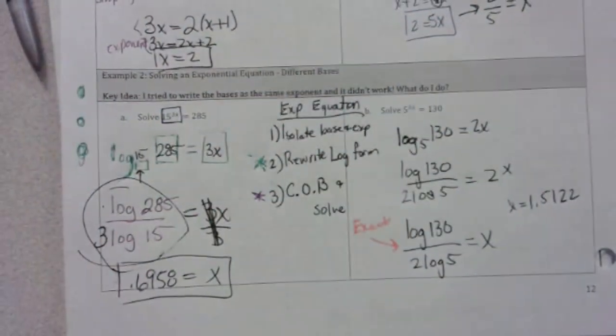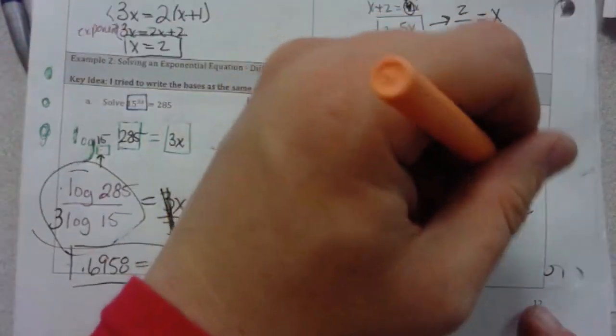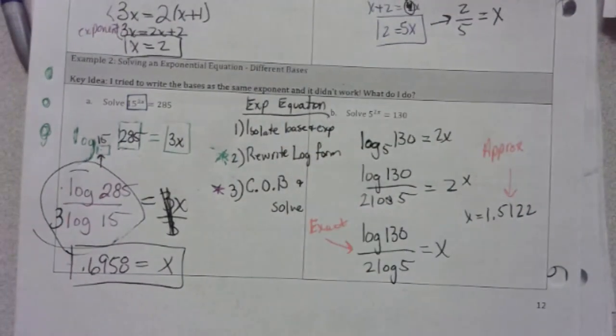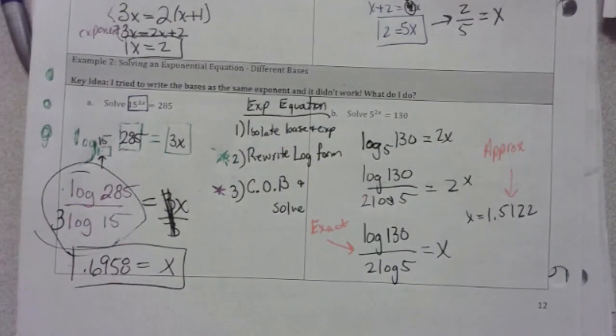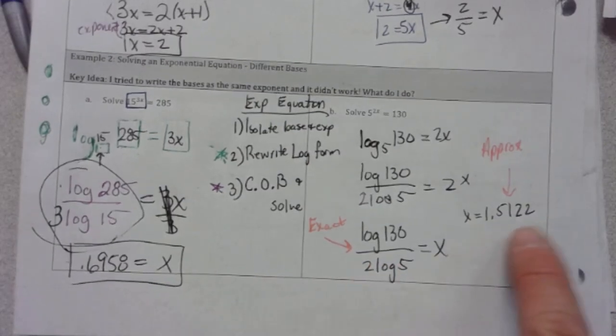That is the approximation where I'm rounding my answer. So be mindful, especially as we get to a Math Excel problem. They may ask you to write something as an exact answer, then write it as the approximation as well.